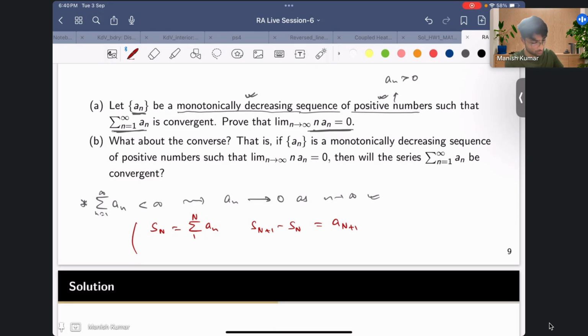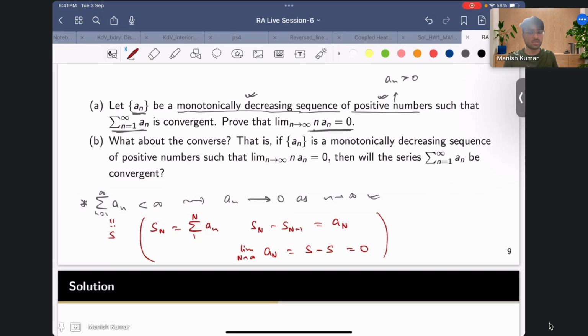Let me denote it by S. This series converges to some real number S. Then if you take the limit as n goes to infinity, let's write it in this fashion: Sn minus Sn minus 1. Now if you take the limit over here, this will be S minus S, which is 0, right? So this is the way you prove this statement, right?